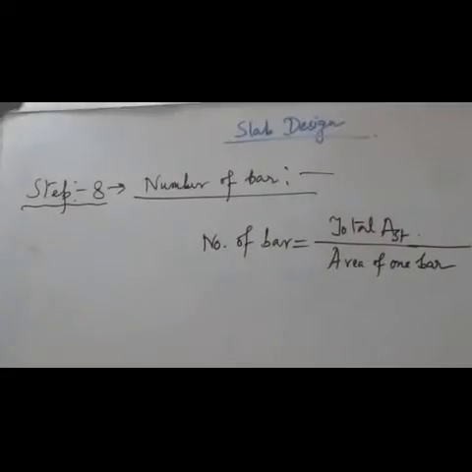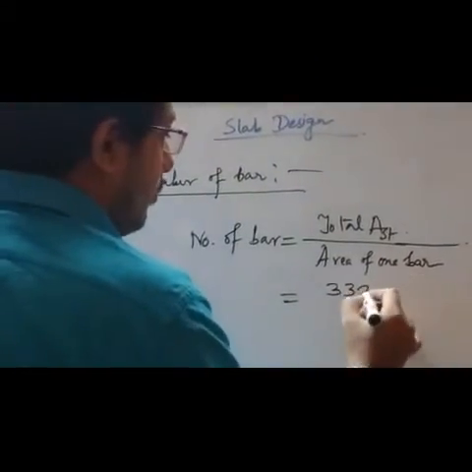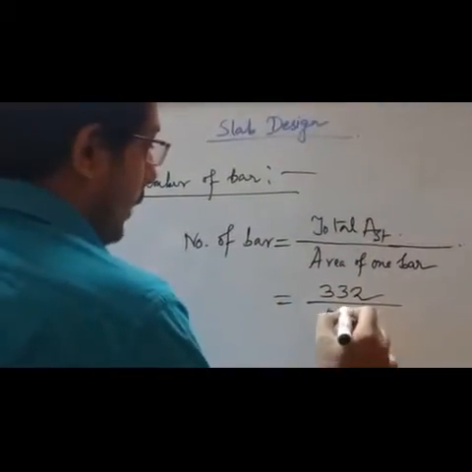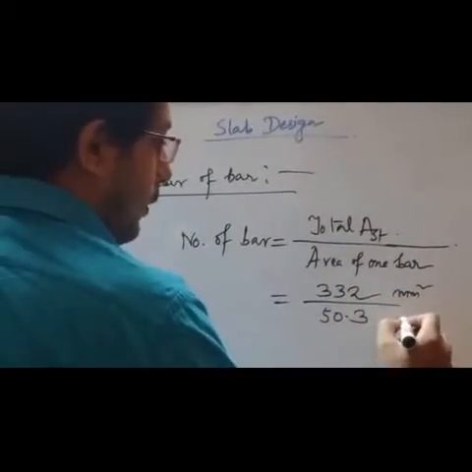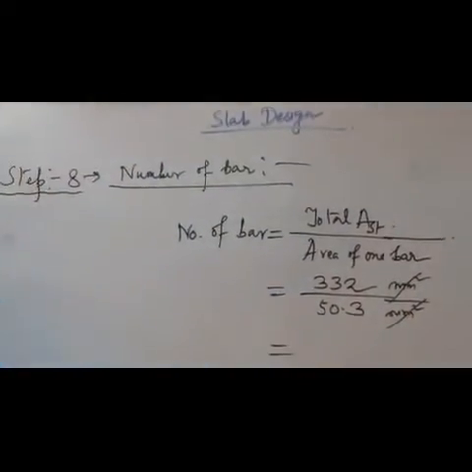So total Ast which we have already calculated is 332 millimeter square, and the area of one bar is 50.3 millimeter square. Both the units are the same, so it has no unit.